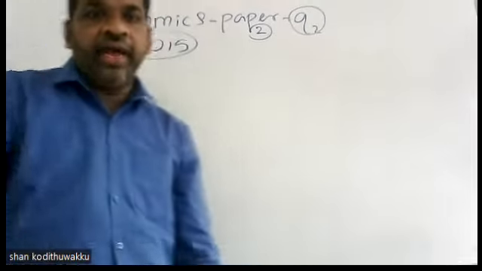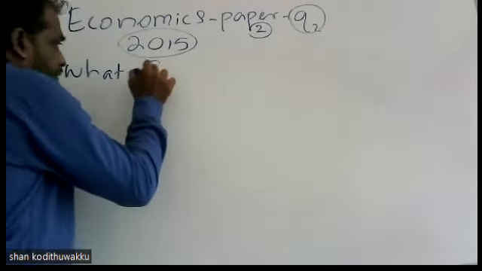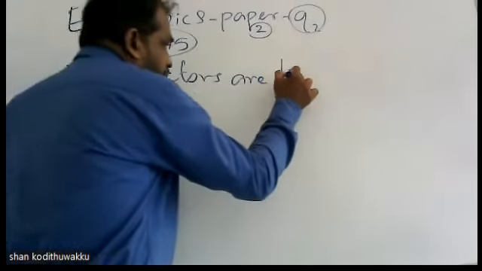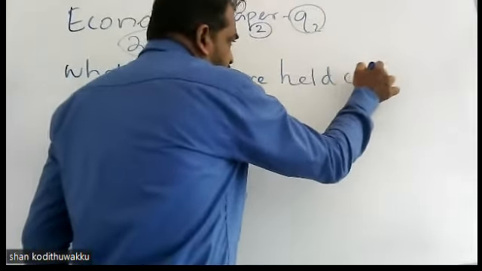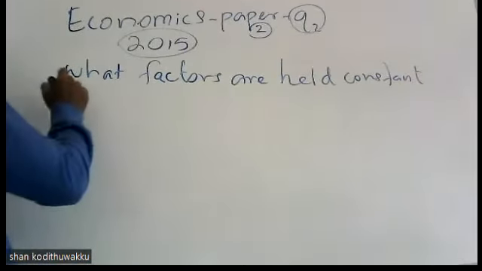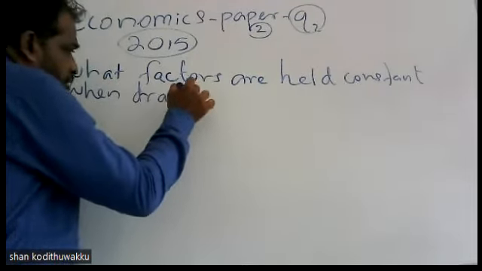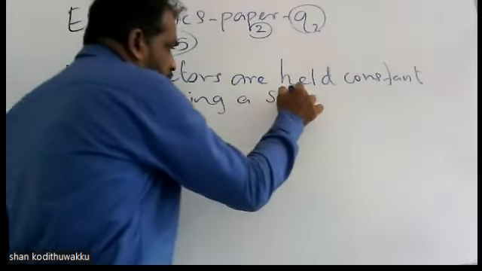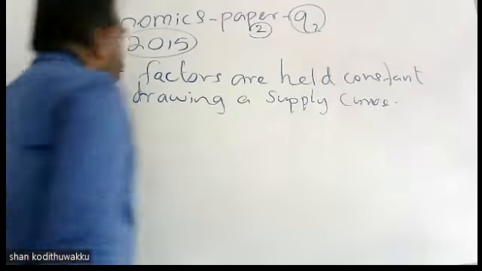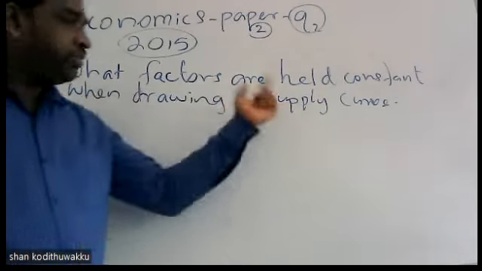What factors are held constant when drawing a supply curve? What factors are held constant when drawing the supply curve?